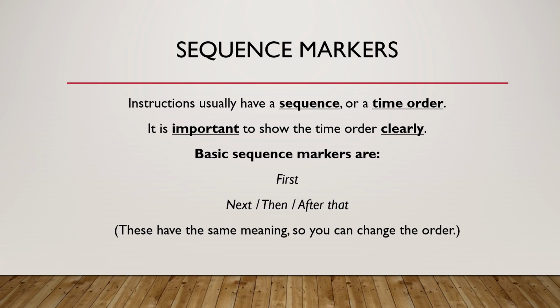You could say first, then, after that, next. Or you could say first, after that, next, then. Or you could say first, then, if you want. These 3 words are not the beginning and they're not the end. They're the middle. And you might have a lot of steps in the middle, so use them as you like.